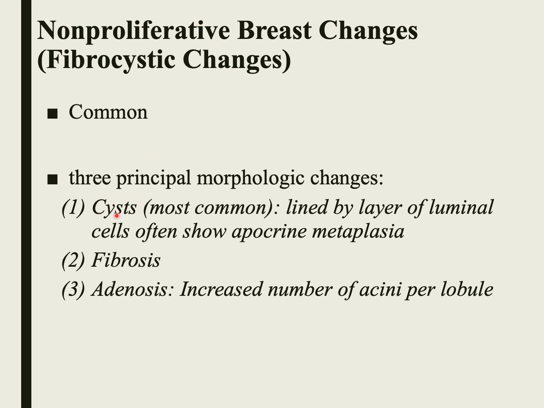However, those cysts may rupture, and this will induce chronic inflammation and fibrosis in response to the spillage of the debris from the cyst content, and that's why they are called fibrocystic changes. Another morphologic change included in this category is called adenosis, which means increased number of acini per lobule.